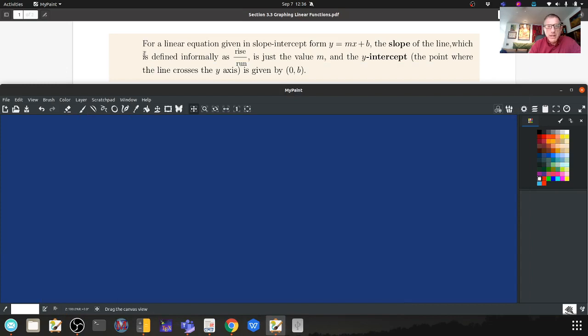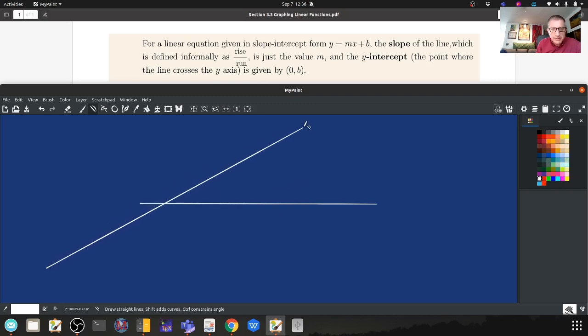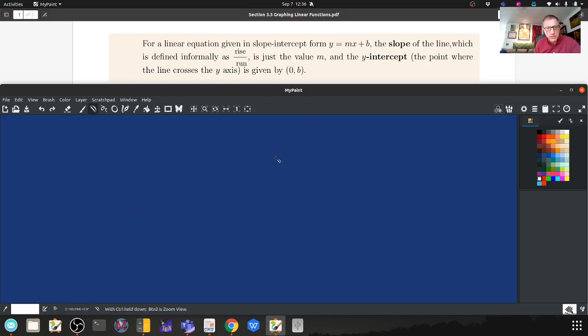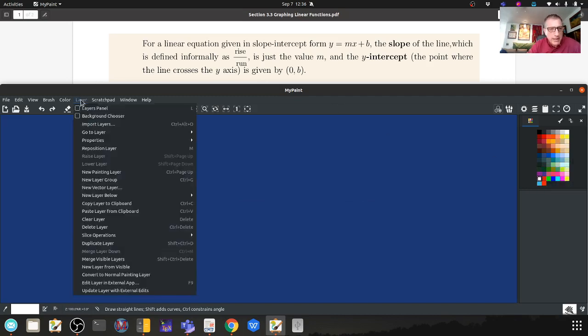So for a linear equation, let's do a little drawing here. So this is going to be my line. Well, let's just do it the right way, okay? Maybe I can do it this way.